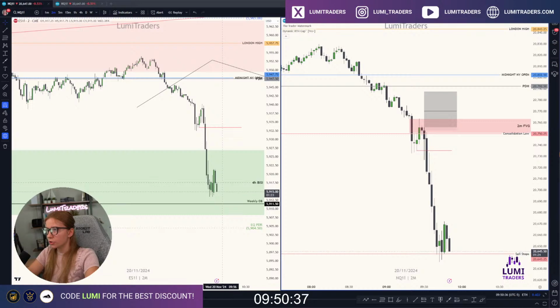Any ideas why my chart has a fair value gap at 940? Which time frame? Which instrument? Is it NQ or NQZ chart? 1 minute NQ. If you look closely, I have a 2-minute chart right now.